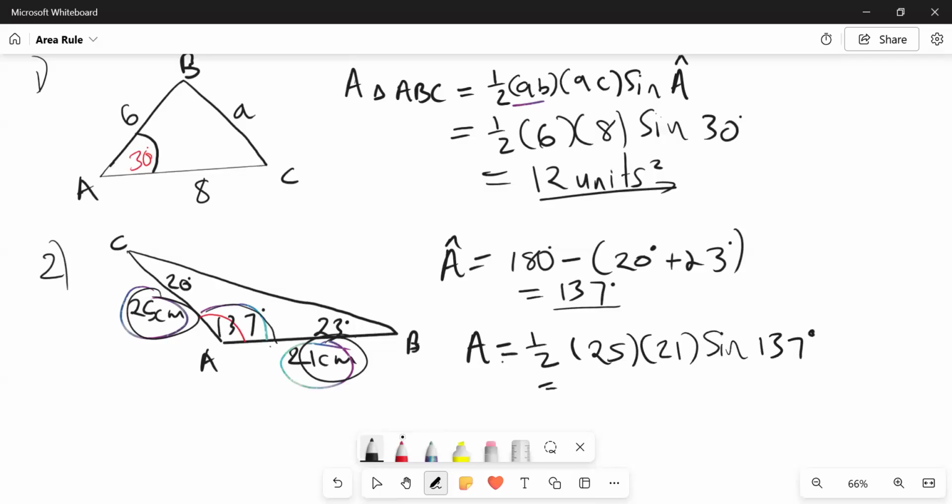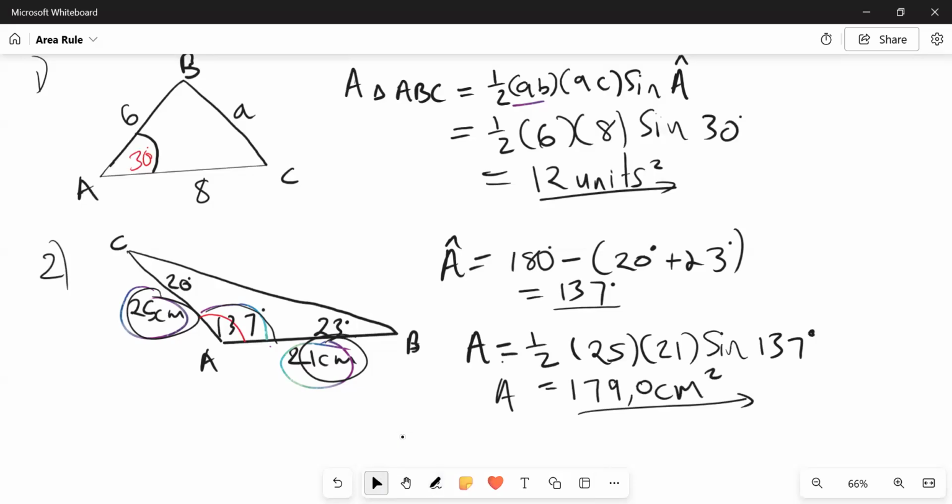And then your area would be 179.0 centimeters squared. So here, guys, do not stress. I'm just rounding off to one decimal place. But remember, they will definitely instruct you during an exam.